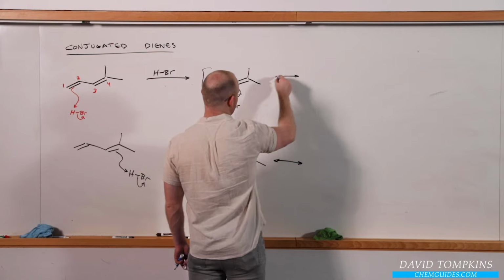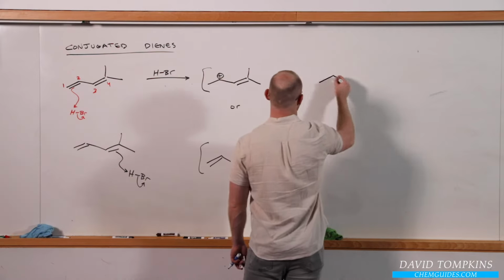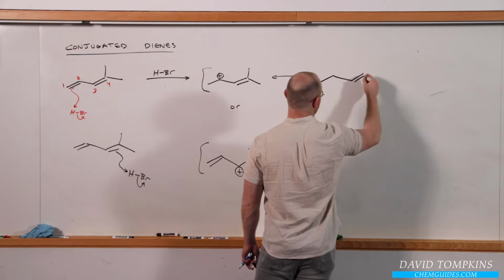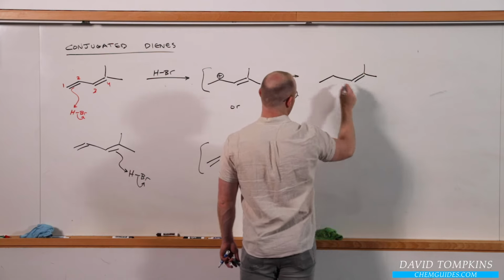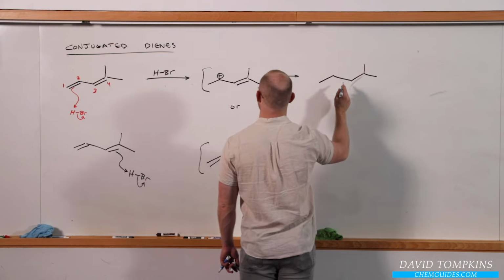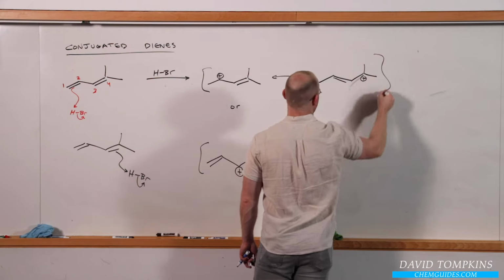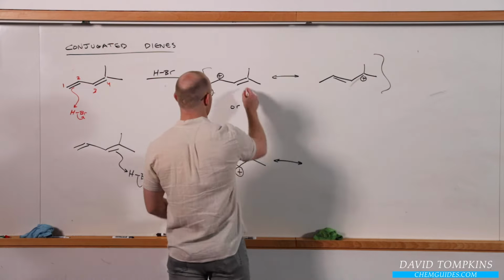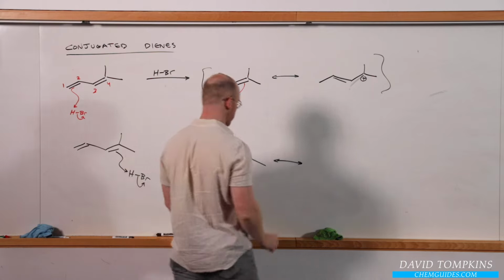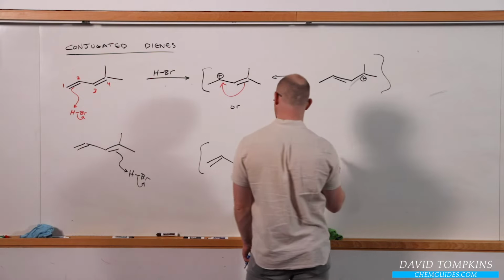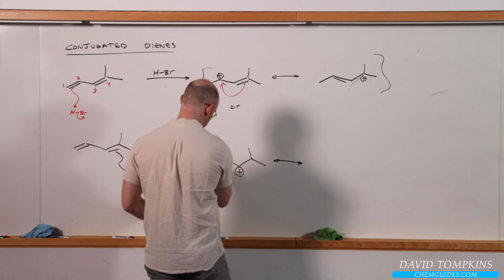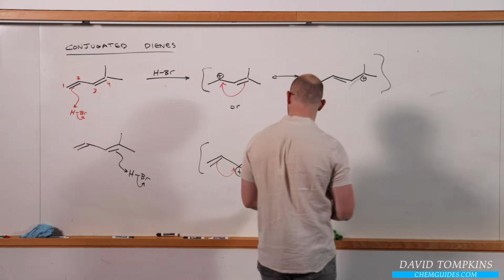So now you should draw the resonance structure for each. Where this pi bond is simply moved between what was 2 and 3. And now we'll push the 1,2 pi bond.